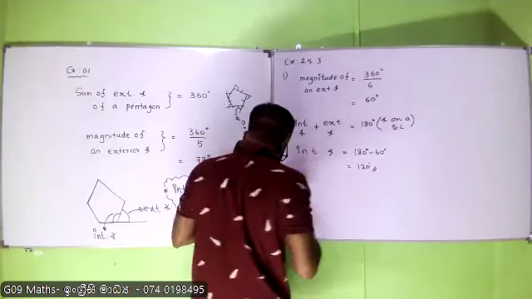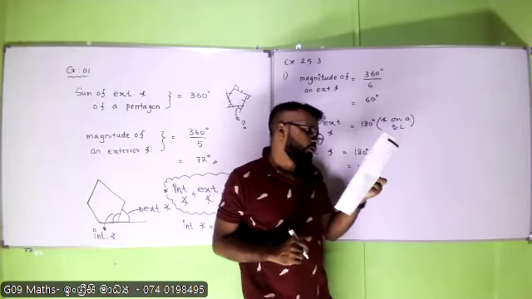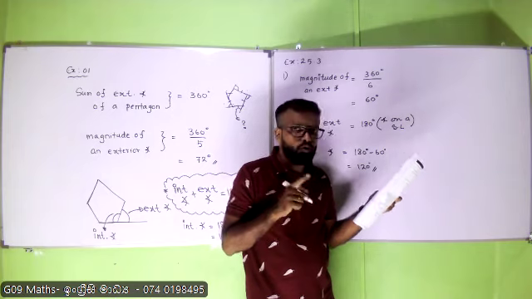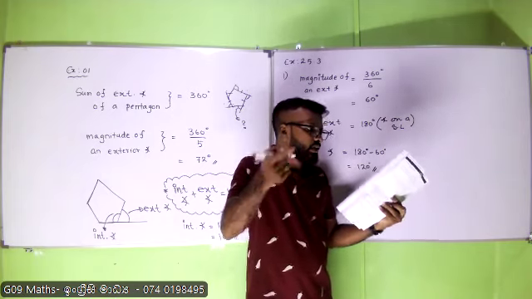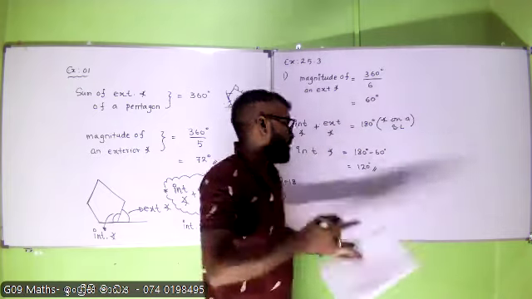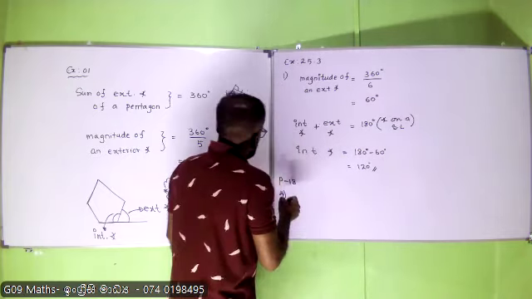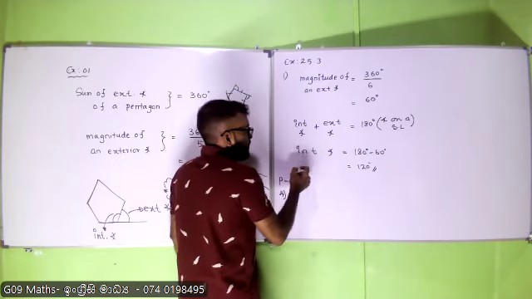What does it say? The magnitude of an interior angle of a regular polygon is 4 times the magnitude of an exterior angle. Okay, so I will draw some kind of a sketch.